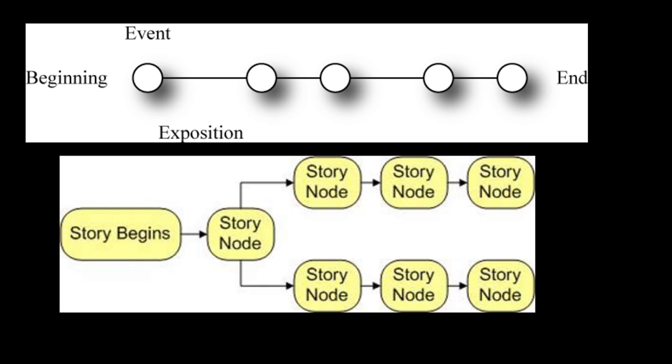So the story begins and then the story node comes. And then you have more story nodes, but they come back within each other. Or they stay parallel, separate until the end, or till the conflict happens.